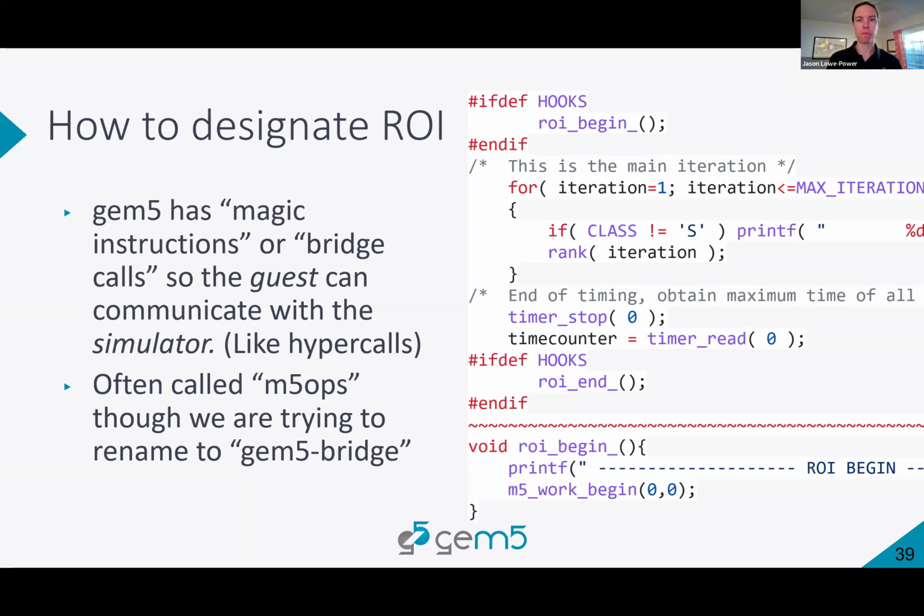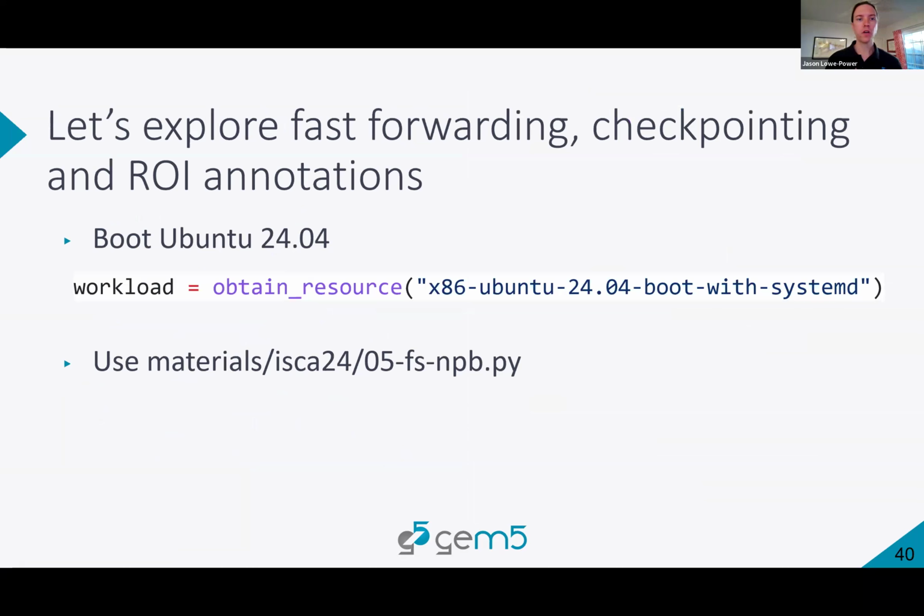Okay, cool. So let's explore this in the next example. And then I think after this example, I'll probably turn it over to Alan, and then after lunch, we'll finish up the standard library stuff. Okay, so let's go to the 05 FS NPB.